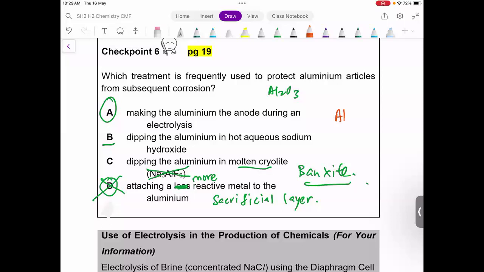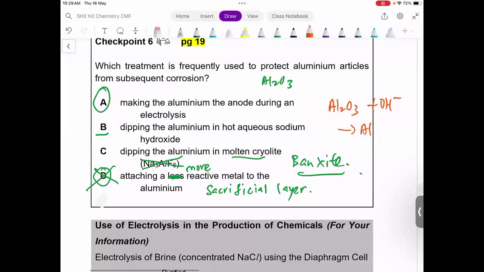Yeah, so Al2O3 is amphoteric, is able to react with the hydroxide to form the aluminate. Yeah, so it will dissolve the oxide layer. So as the hydroxide reacts and is attracted to the anode, it will dissolve the oxide layer as well.